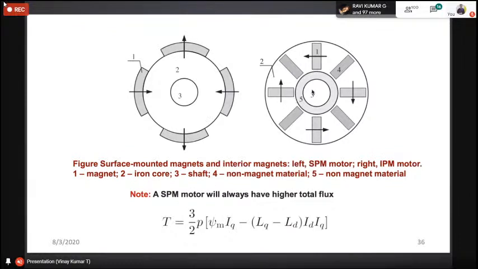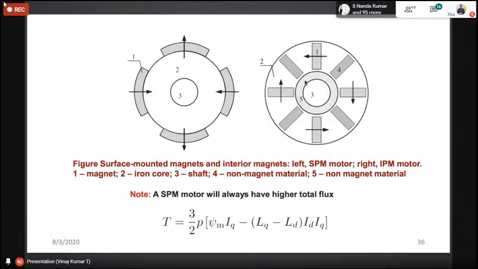But in the case of interior permanent magnet, reluctance torque enters the picture. LD and LQ are not the same. LD is with respect to the magnetic axis, where reluctance is more, so LD is less. With respect to interpole, LQ is more. That's why LQ is more than LD. So in the case of interior permanent magnet, reluctance torque and reaction torque both enter the picture.